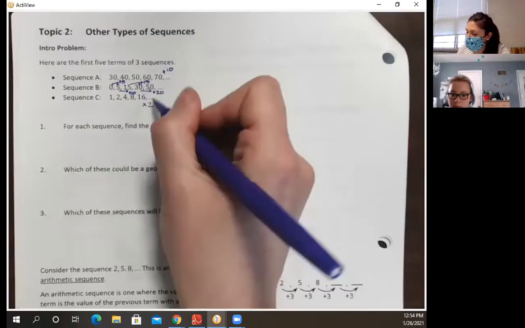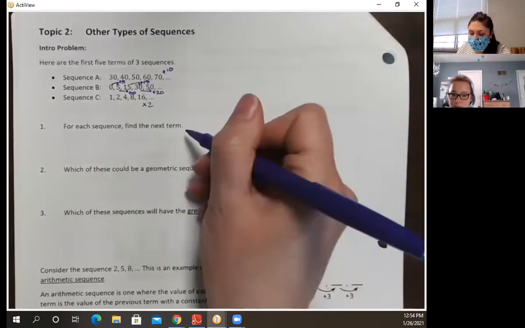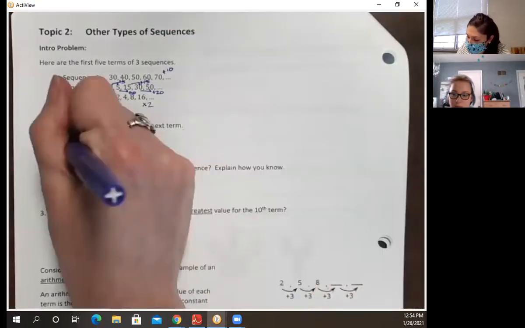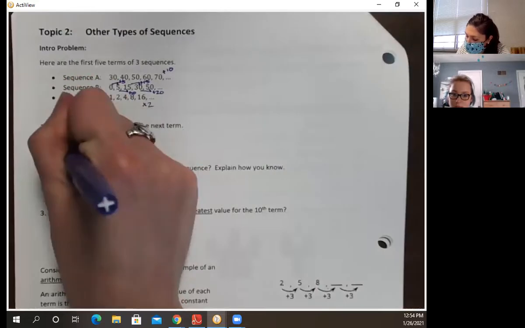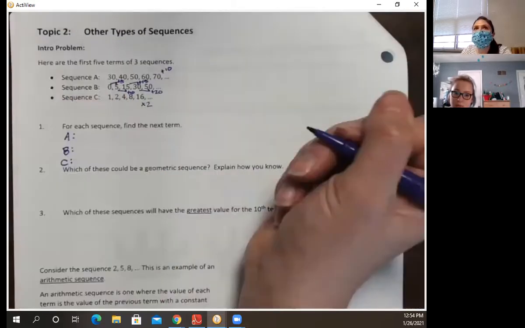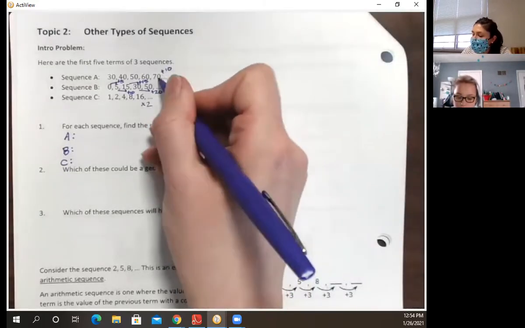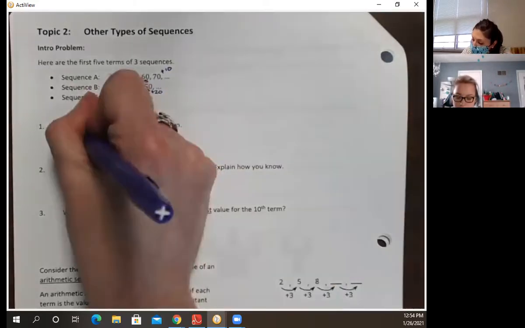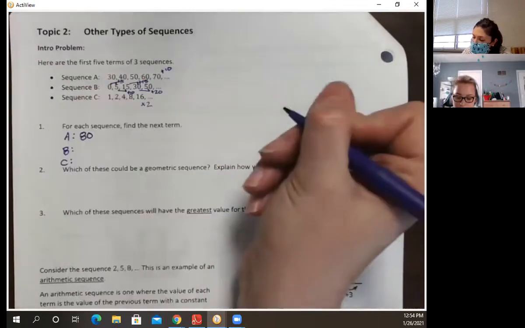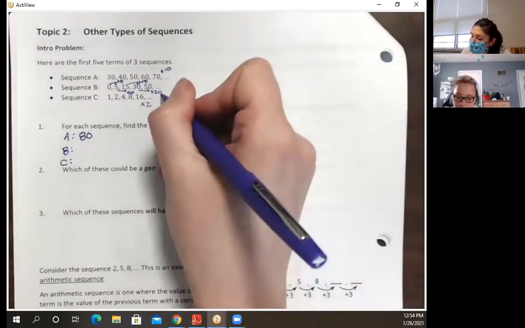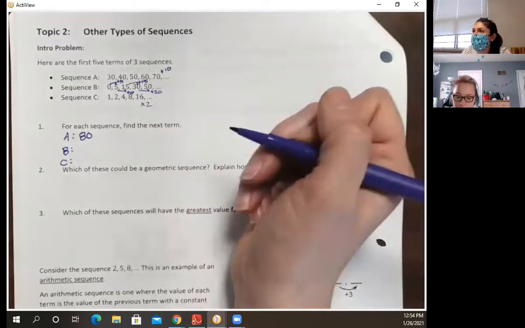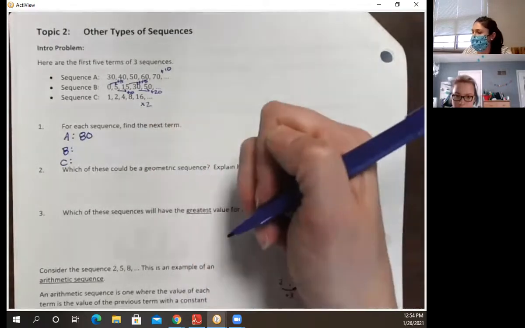So using these rules that we found, I want to know the next term in each sequence. So for sequence A, sequence B, and sequence C, what's my next term? So A, we know we're adding 10 each time. So 70 plus 10 would give me 80. For B, we know that we change the number that we add each time, but that change is predictable.